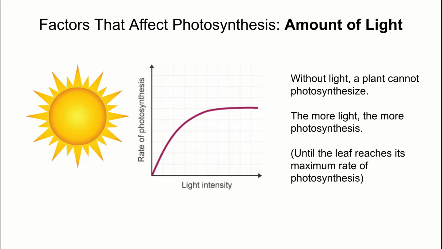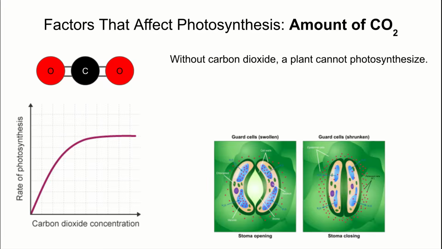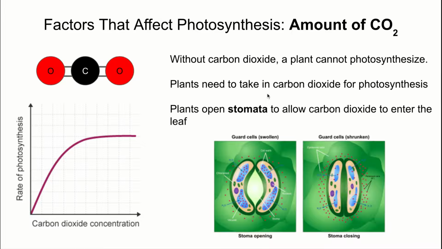What's another thing that affects photosynthesis and how fast it goes? Well, the other ingredients, the other reactants. For example, the amount of carbon dioxide, one of our reactants. Without carbon dioxide, a plant cannot photosynthesize. It's one of the three reactants. So plants need to take in carbon dioxide for photosynthesis constantly. How do plants get that carbon dioxide?